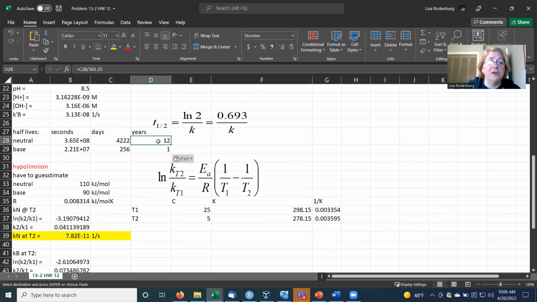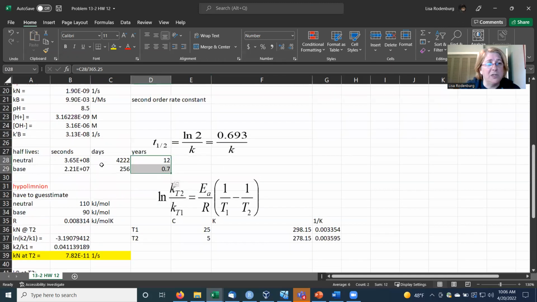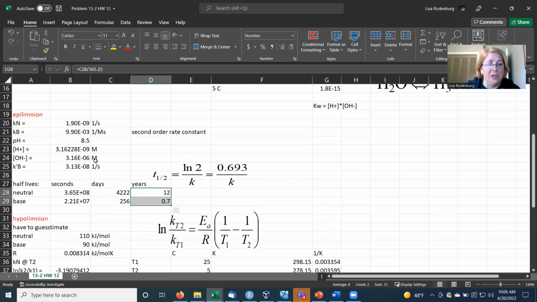We went from 12 years to 1 year, actually a little bit less than 1 year, 0.7 years hydrolysis. And this was at a more basic pH, right? The pH was 8.5, which is more basic. There's more hydroxide around. So both the temperature and the amount of hydroxide were causing the reaction to go faster. So that's why things are faster here.